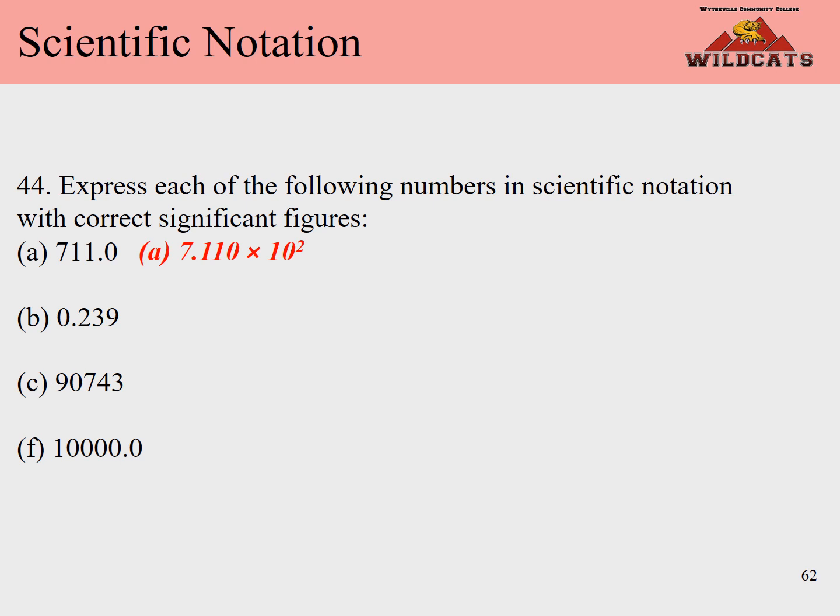That's 120. Well, we know it's 120 with only two significant figures. Then 2.39 times 10 to the minus 1, 9.0743 times 10 to the fourth, and we end up with 1.00 times 10 to the fourth.